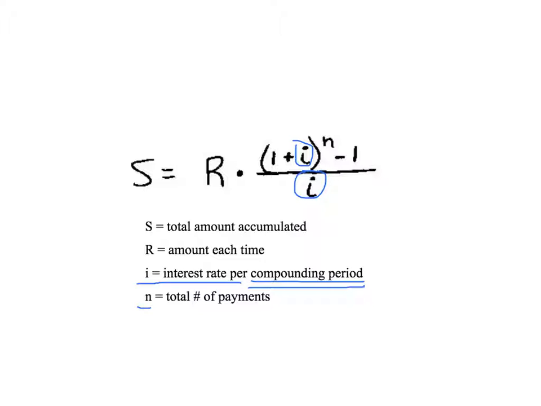Also, the N is not the number of times per year. It is the total number of payments throughout the life of the annuity. So the variables do not mean exactly the same as they do in the compound amount and the present value formulas. On the next page, we will go through and do an annuity problem.